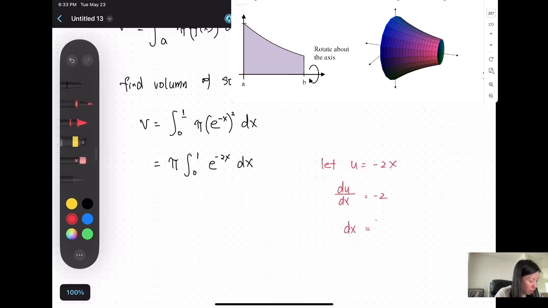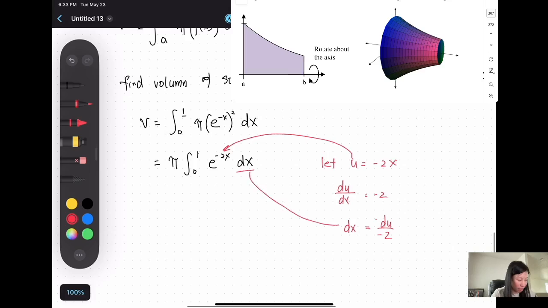So we want to get dx equals du over negative 2. Now I can use the u substitution. Substitute u equals negative 2x and dx equals du over negative 2. So the pi from 0 to 1 of e to the u times negative 1/2 du.